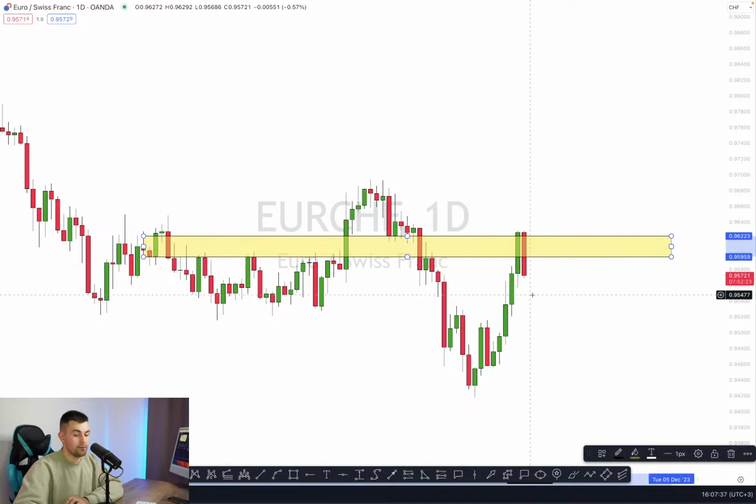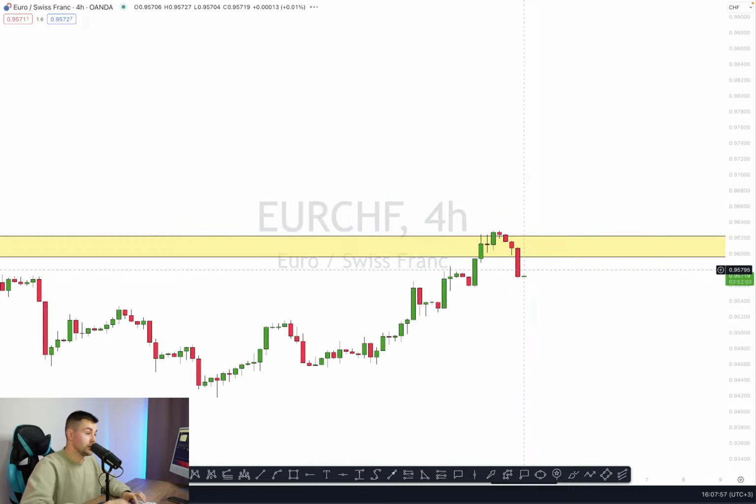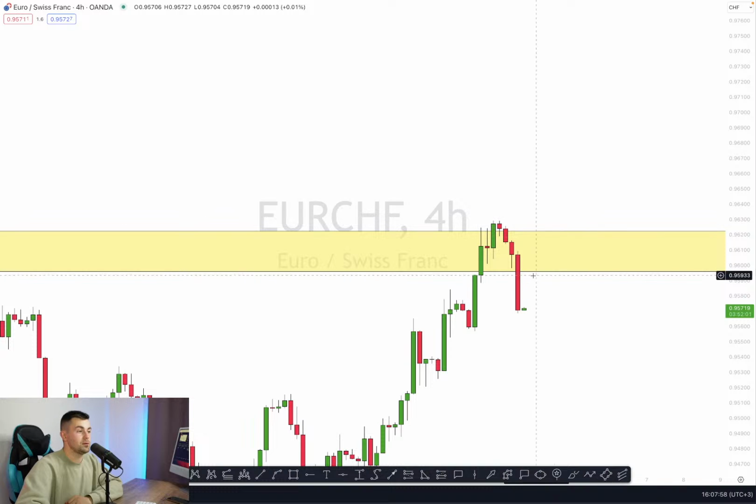Yes, we have a huge structure cluster, and that structure cluster was violated. We kind of got a breakout, but it feels like it was the false breakout. Because of the manipulation, the market went higher, closed above that, and now we see the important sign of strength of the sellers. And I guess on the 4-hour, yeah, we have a huge imbalance right here.